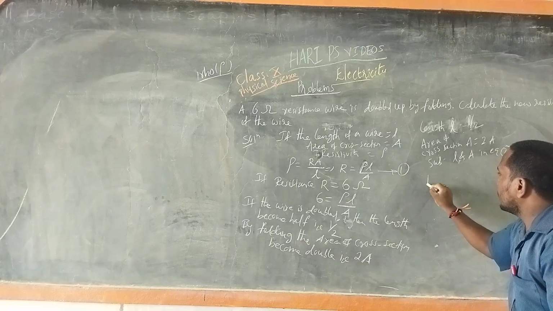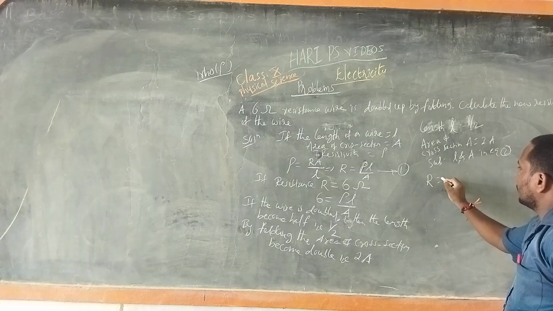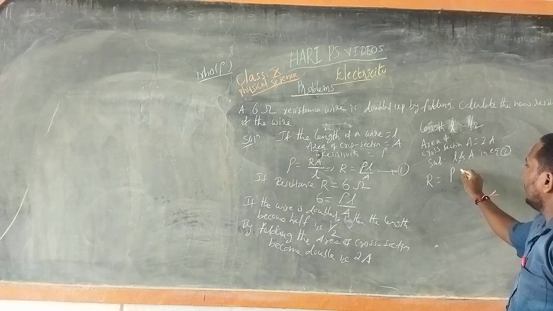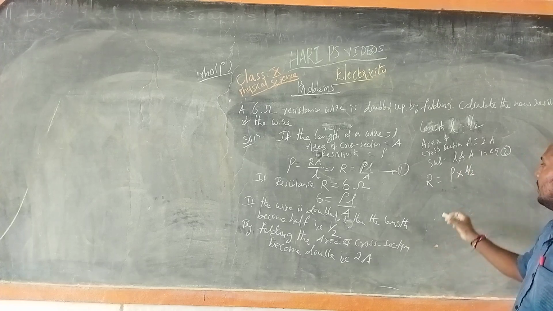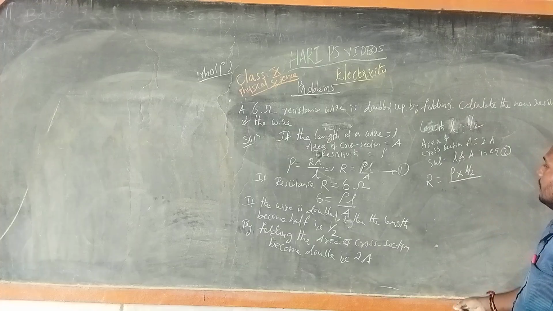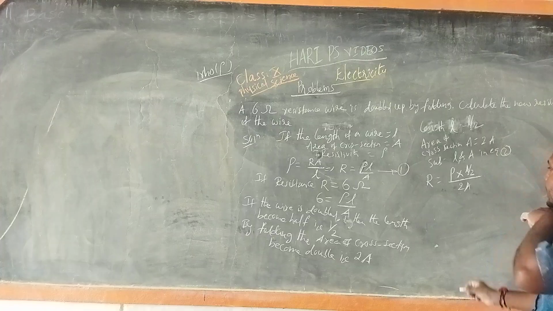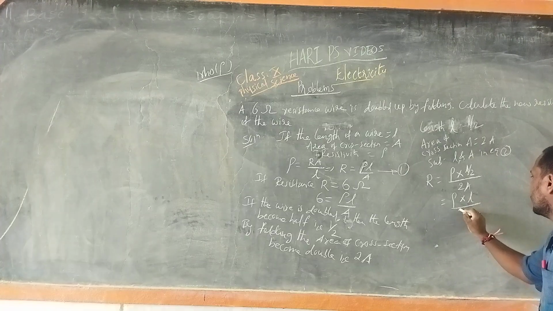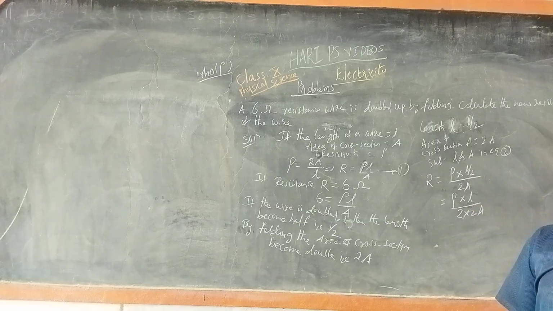Then we can write R is equal to rho, which is common, then L becomes L by 2, A becomes 2A. That is equal to rho into L by 2 into 2A.